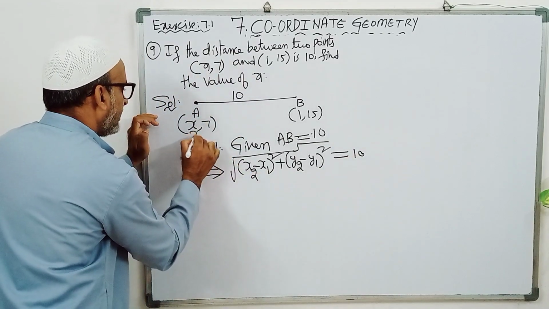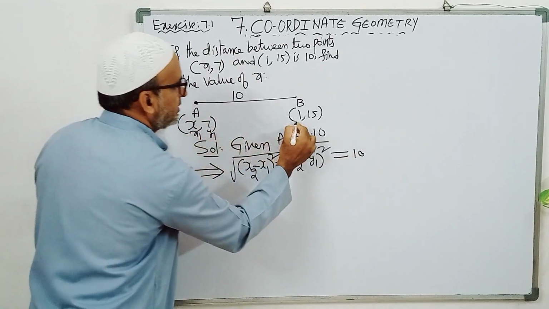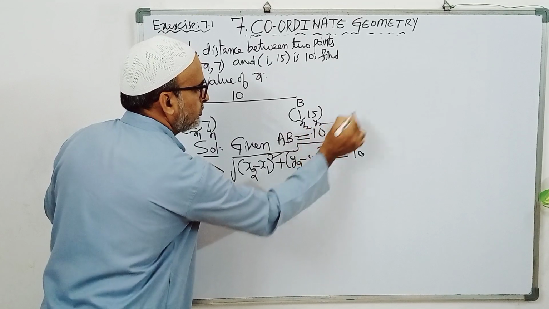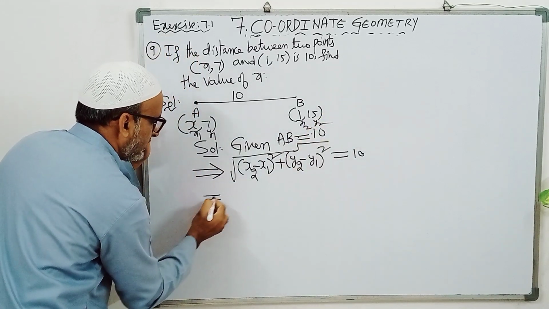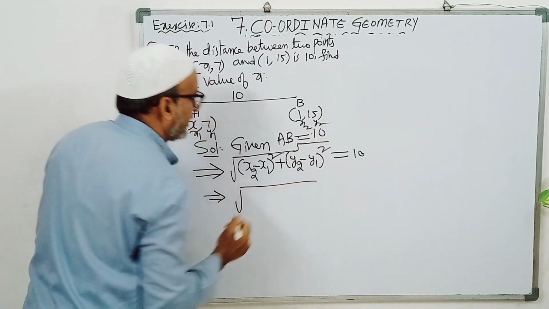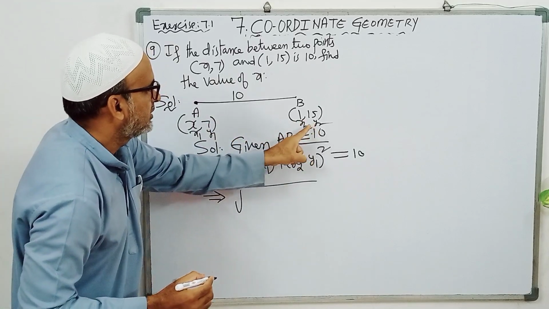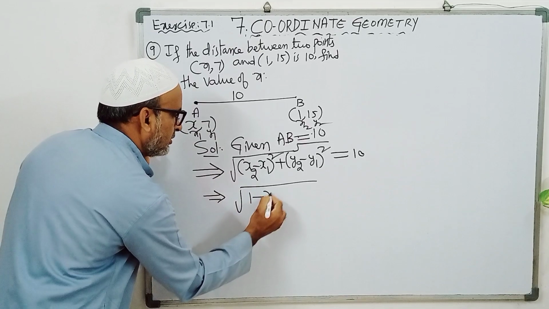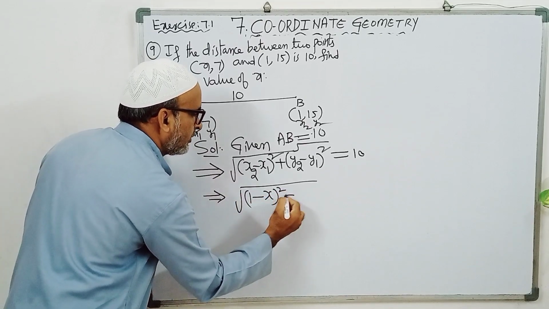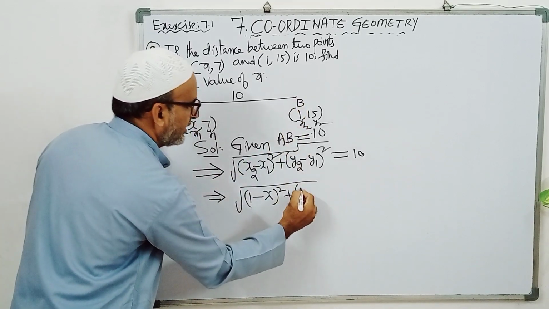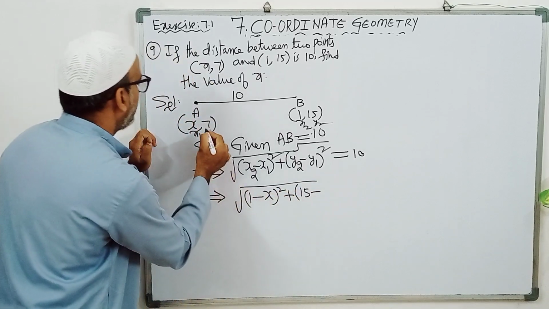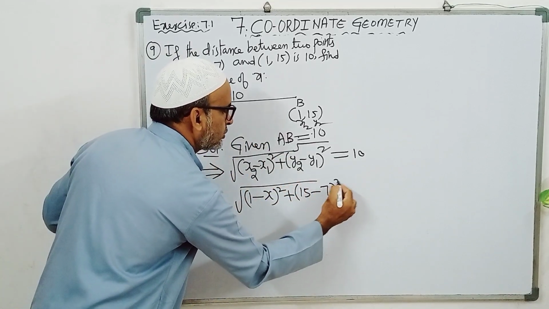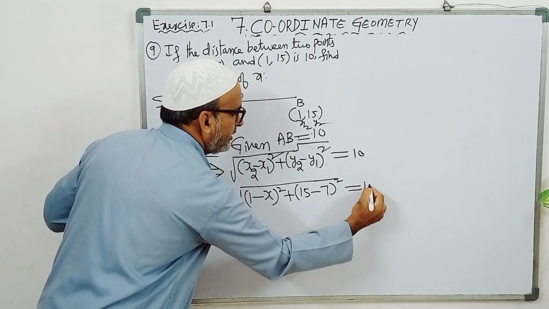Now name it as x1 y1. This is x2 y2. Implies square root of x2, means how much? 1 minus x1, x, whole square plus y2, 15 minus y1, 7, whole square is equal to 10.